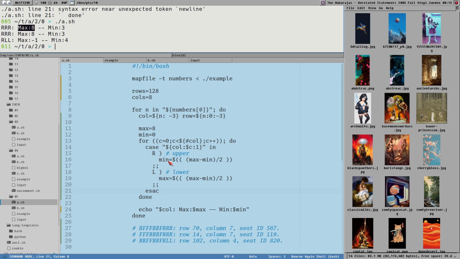Min plus equals, it needs to be here, right? There.